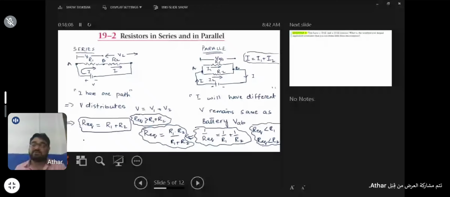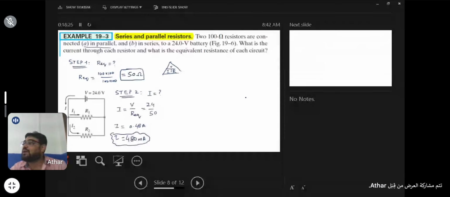If the resistance is the same, we can simply guess it will be half through R1 and half through R2. So it means 0.24 ampere, 0.24 ampere. But I'm just telling you this for when resistances are the same and you can divide the current equally in a parallel combination. If resistances are not the same, then you can use the ratio method, and also you can use other ways.